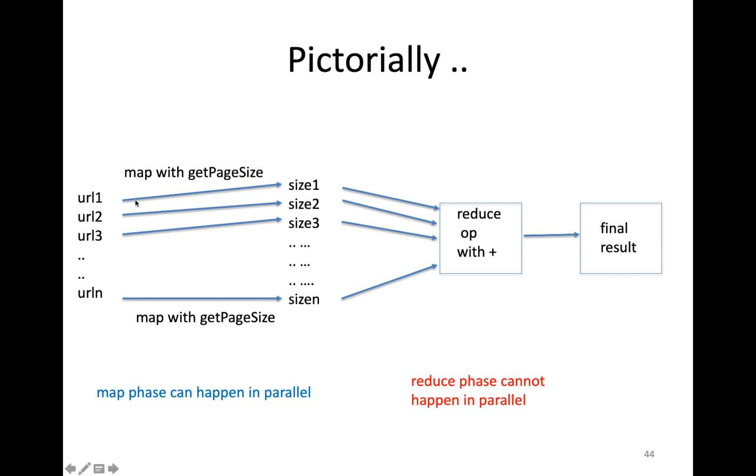In the first phase we use map and apply this function get page size on each URL, correct? That will give us a list of sizes here, and this operation can happen in parallel. That is the most expensive operation, and happening in parallel saves a lot of time. And then reduce can do the aggregation and get the final result.